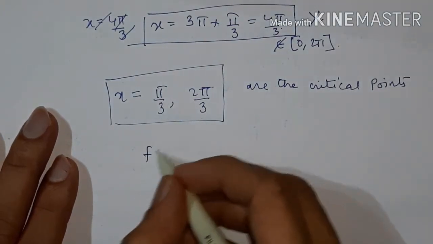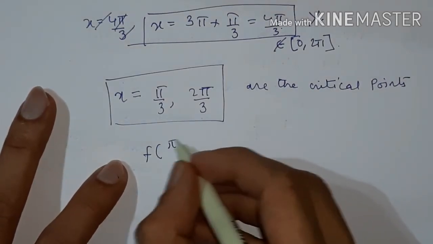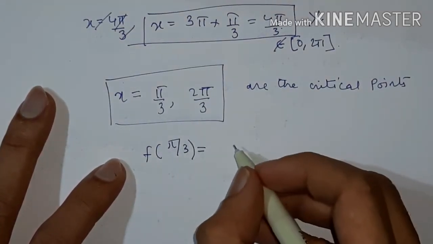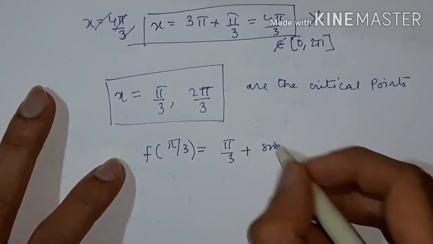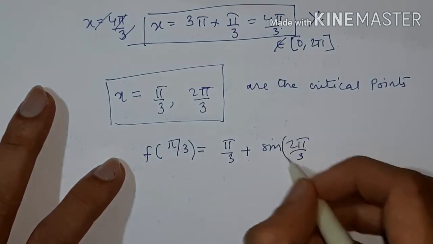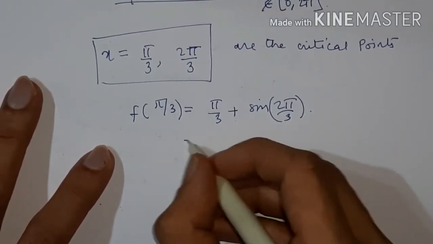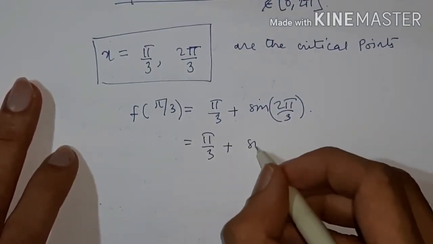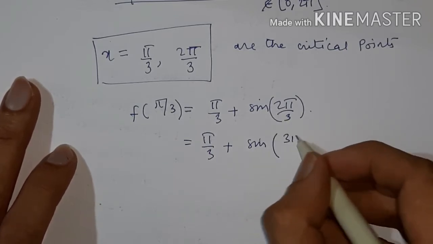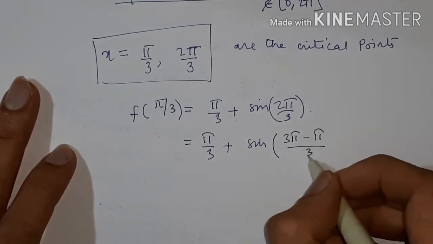So we have to find the function value first at the critical points. So f of pi by 3 is pi by 3 plus sine 2 pi by 3. We can write this as pi by 3 plus sine of (pi minus pi by 3).